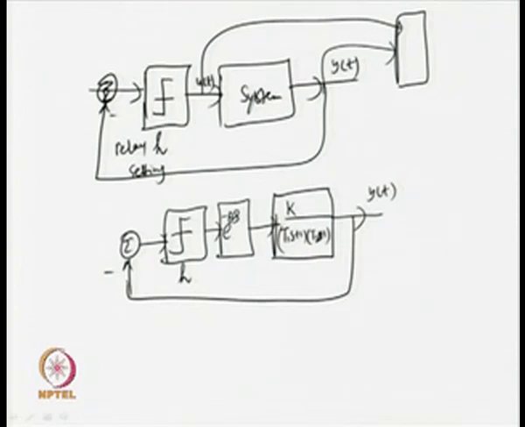Then what is the input to the system? The system input is now u(t-θ).